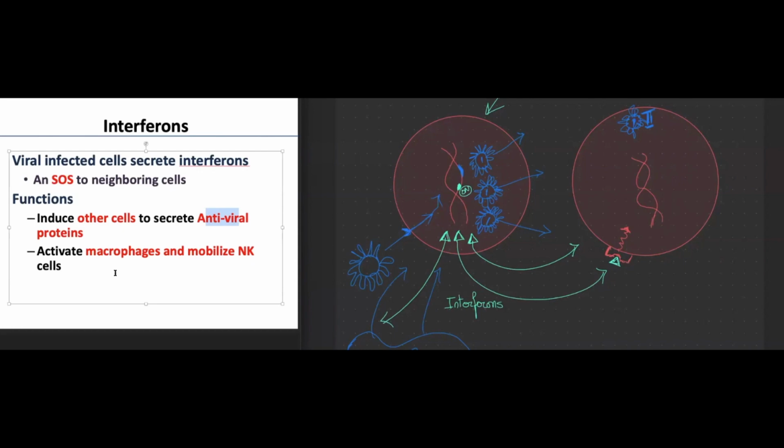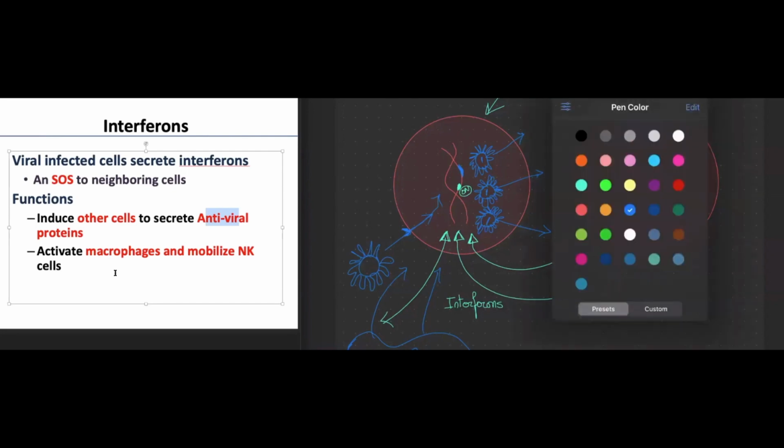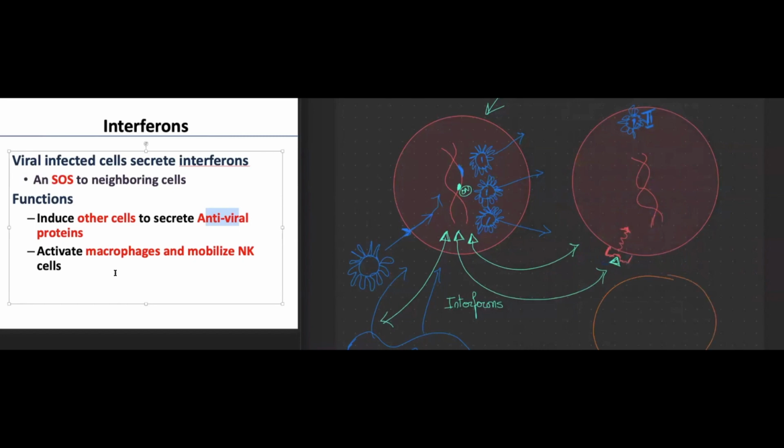Also, the same concept applies with the natural killer cells. So this infected cell, once it produces the interferon, natural killer cells are going to be walking around within your blood and other body fluids.